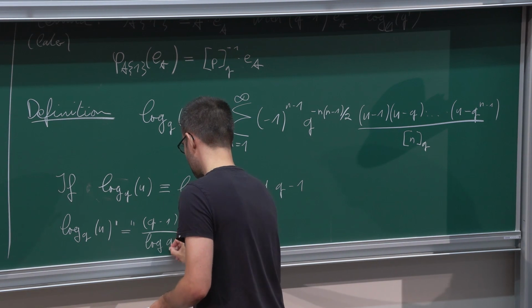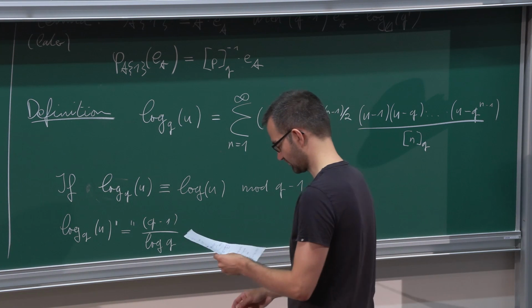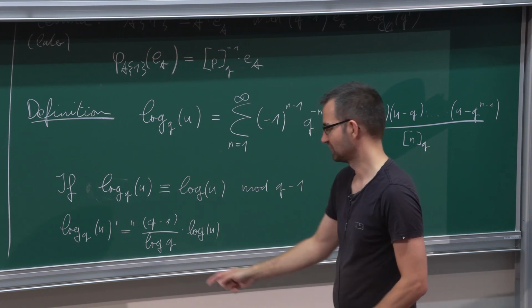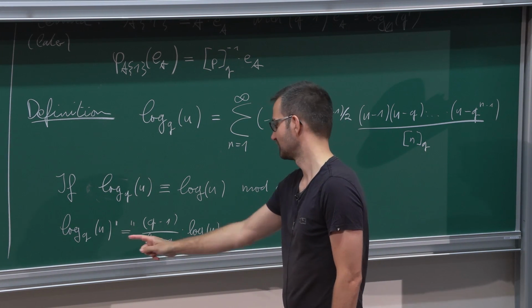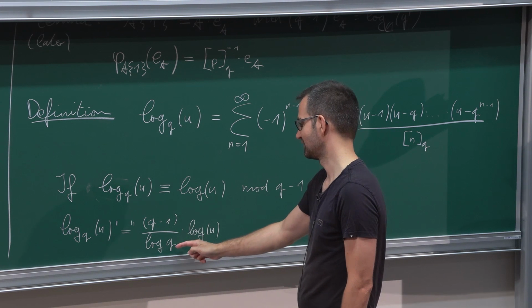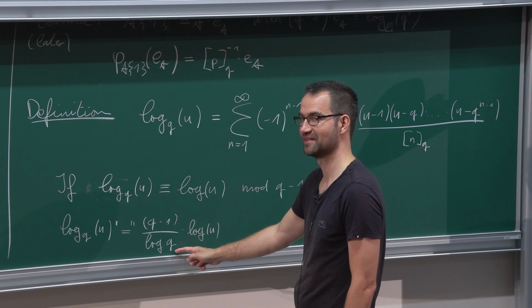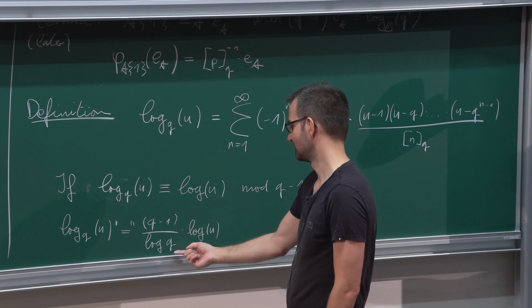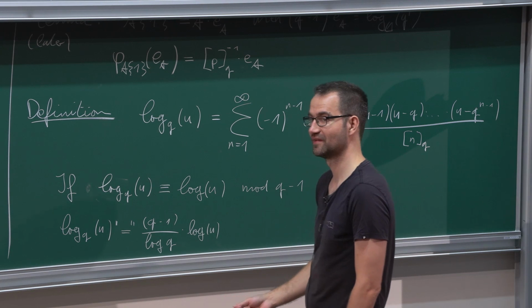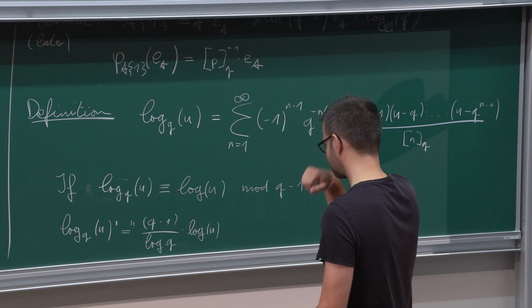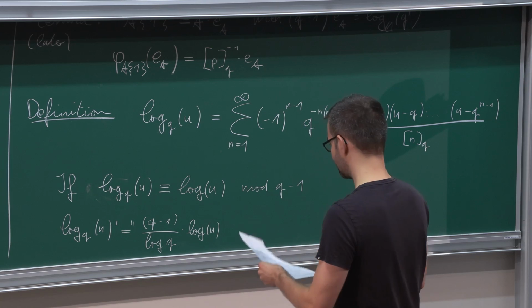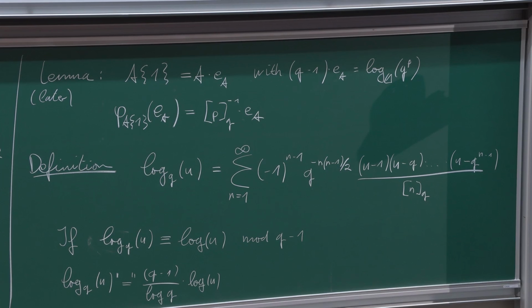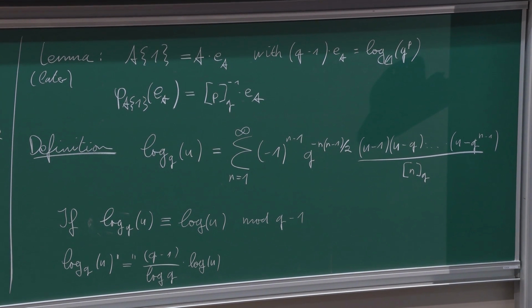One has Q minus 1 over log Q times log of U. And so this equality is dangerous because it only holds if here the logarithm of Q makes sense. So if one has this element log Q, then one can really get this relation. And so this series is maybe not the most convenient way of accessing it.